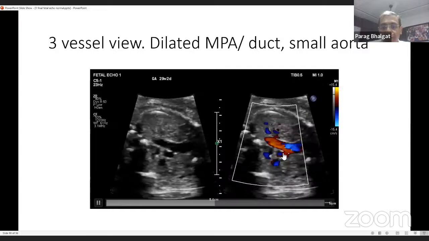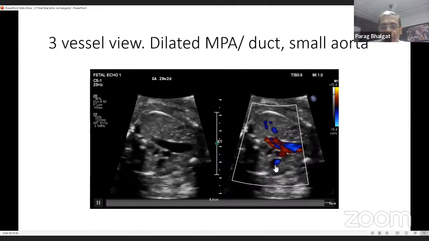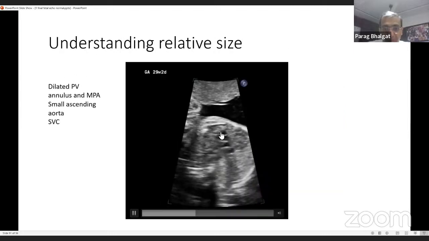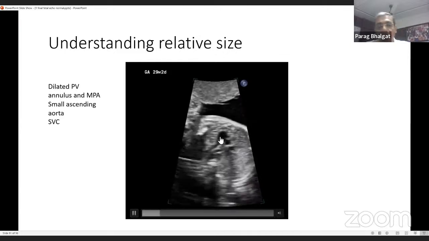Pulmonary arch, ductal arch, aorta, and SVC. Note the dilated main pulmonary artery. Note the relative size of the pulmonary artery as against the aorta. Small is the SVC. So there is a big size discrepancy between these two.